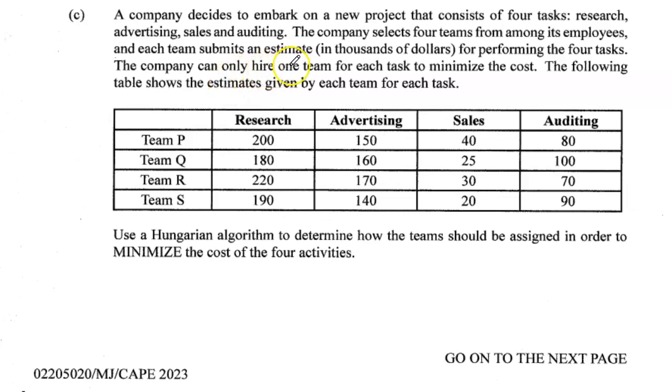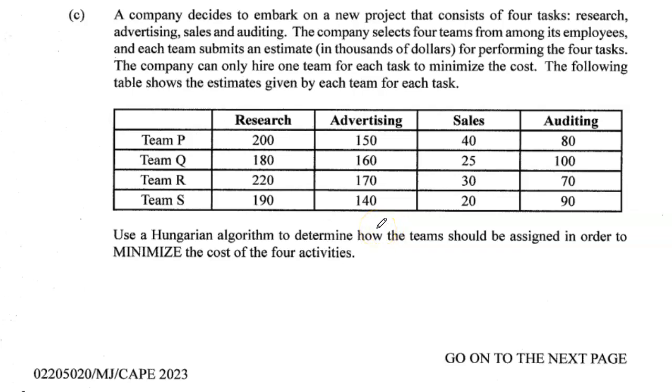The company selects 4 teams from among its employees, and each team submits an estimate in thousands of dollars for performing the 4 tasks. The company can only hire 1 team for each task to minimize the cost. And here we have our table, and we're asked to use the Hungarian algorithm to determine how the teams should be assigned in order to minimize the costs of the 4 activities.